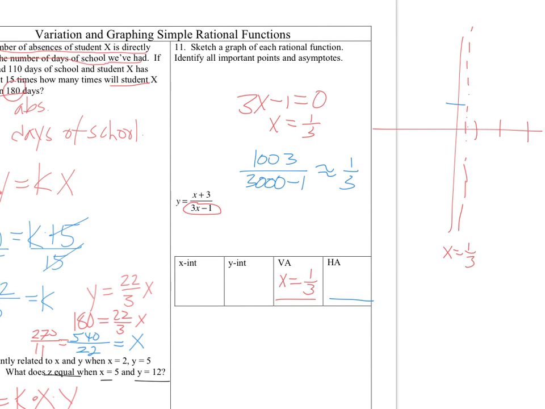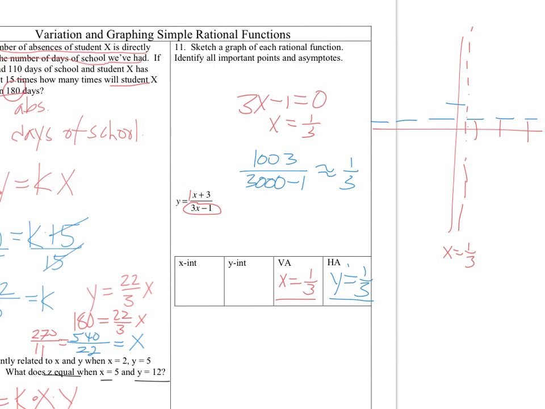So 1/3 would end up being my horizontal asymptote as well. Another rule of thumb: if you look at the leading coefficients, 1 over 3, that will tell you the horizontal asymptote.